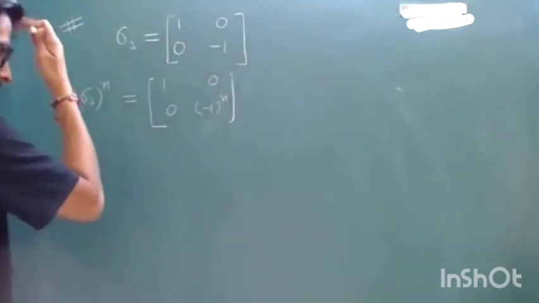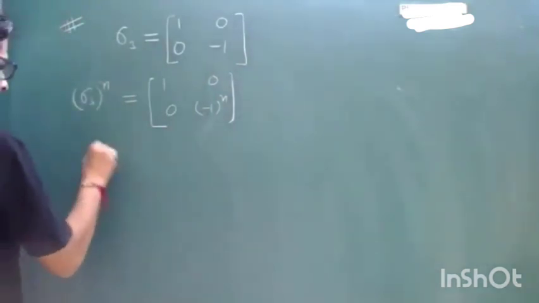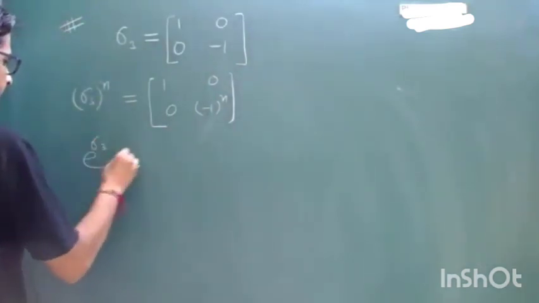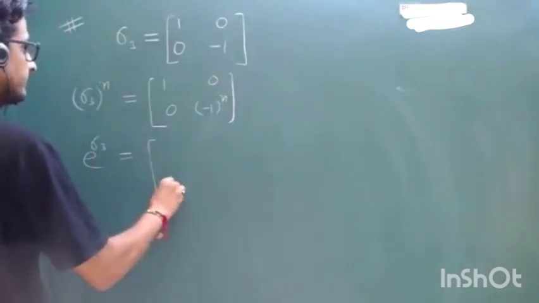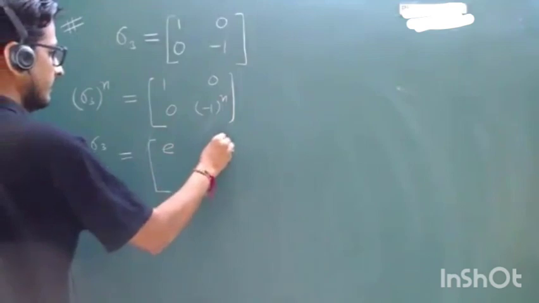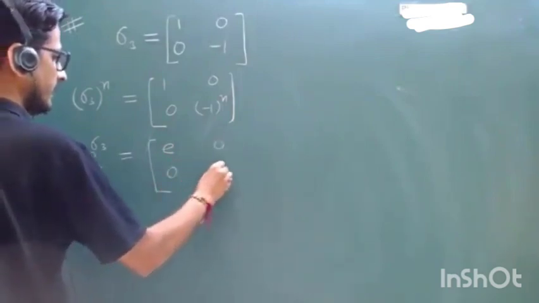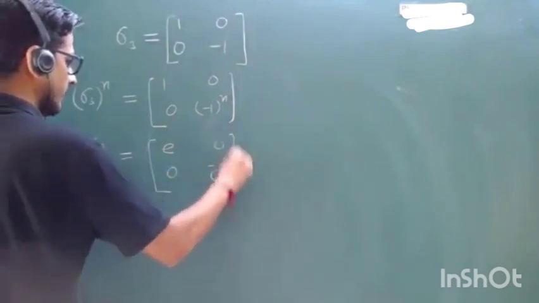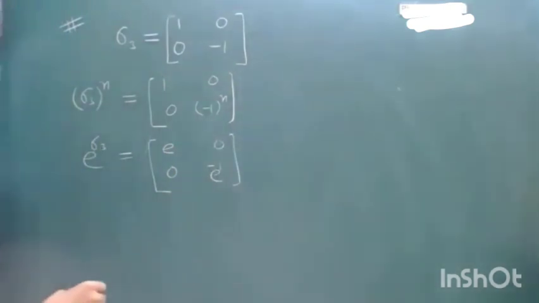Okay, and if I want to write e to the power sigma 3, so it will become e, 0, 0, e to the power minus 1. Okay, correct?